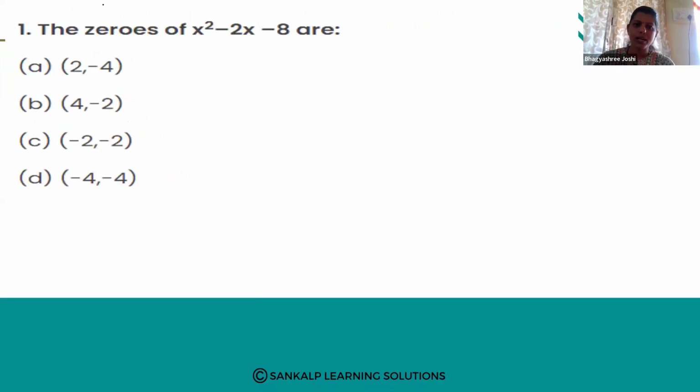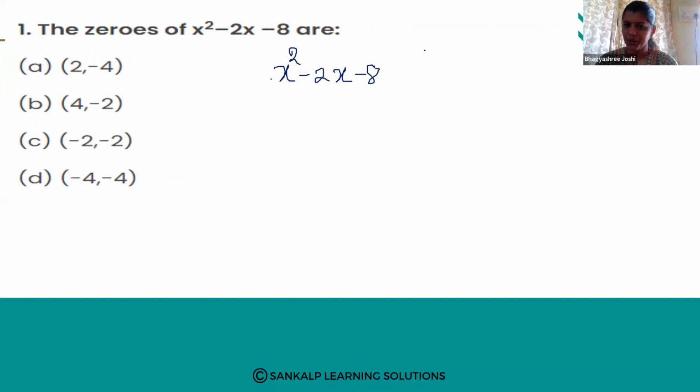The zeros of x square minus 2x minus 8 are... In order to get the zeros of this polynomial, we are using the factorization method. For that, I need to multiply A into C. What is the value of A here?